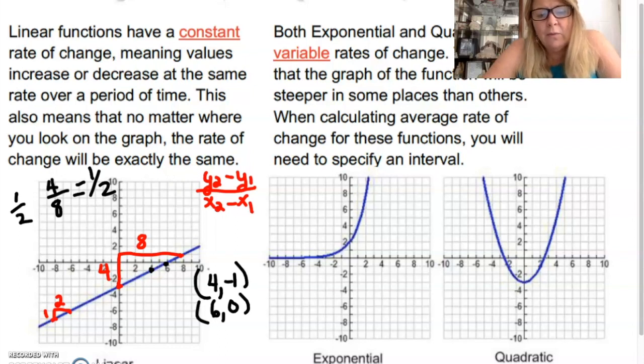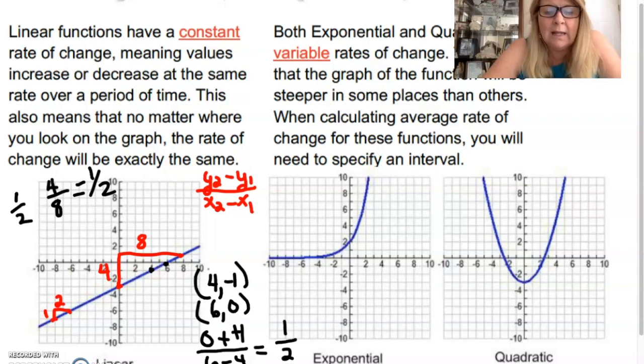To find the rate of change between those, we take the y values and subtract them, so we have 0 minus a -1. Then we take our x values and subtract those, so we would have 6 minus 4. Our slope would be 1/2. We already knew that because we counted our rise and our run.